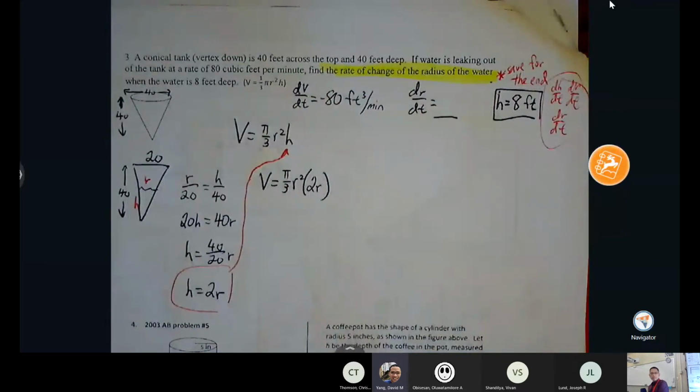Hey, how does that look to you guys? Good so far? All right. How can we clean this up? Because we don't want to do power rule just yet.